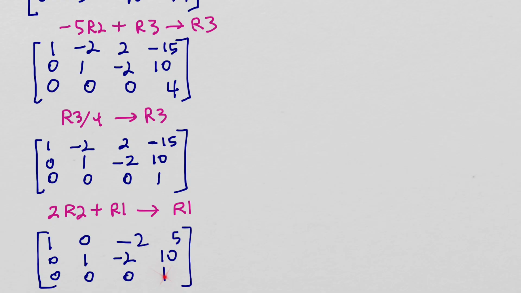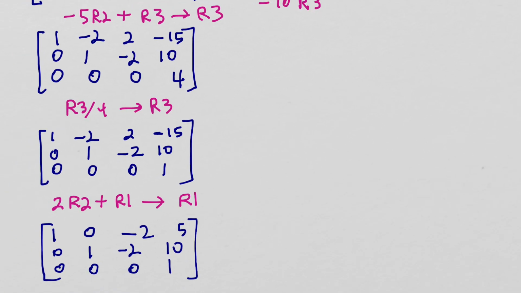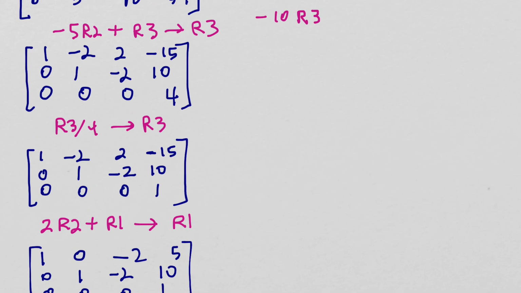So using this one as a pivot, I'm going to multiply by negative 10. So that's negative 10 R3. So negative 10 R3 plus R2 gives new numbers on row 2.